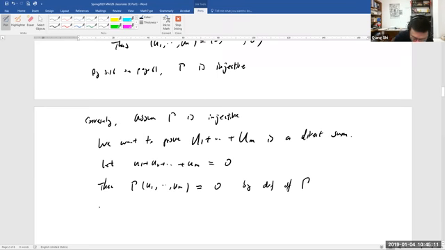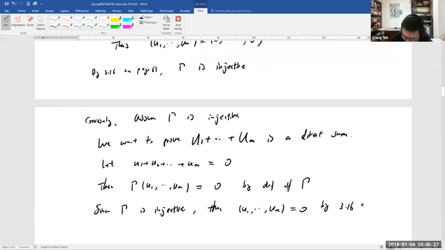And then since gamma is injective, which is our assumption, this tells us this vector must be equal to 0. Right? This is by proposition 316 again, on page 61. All right.